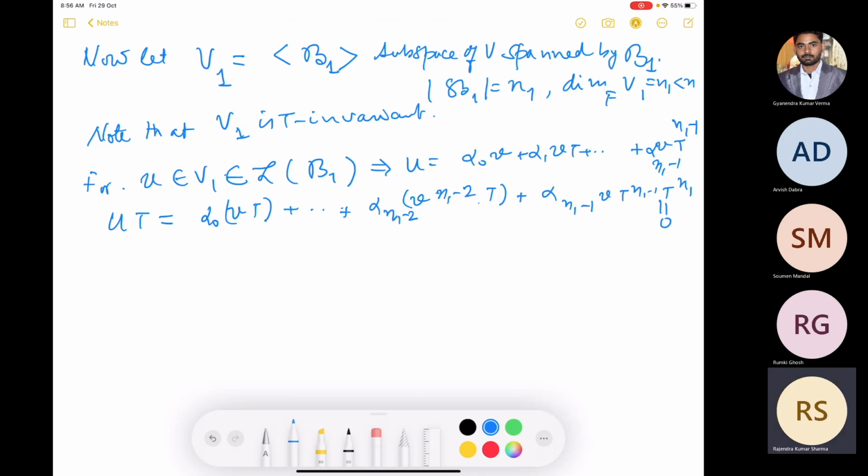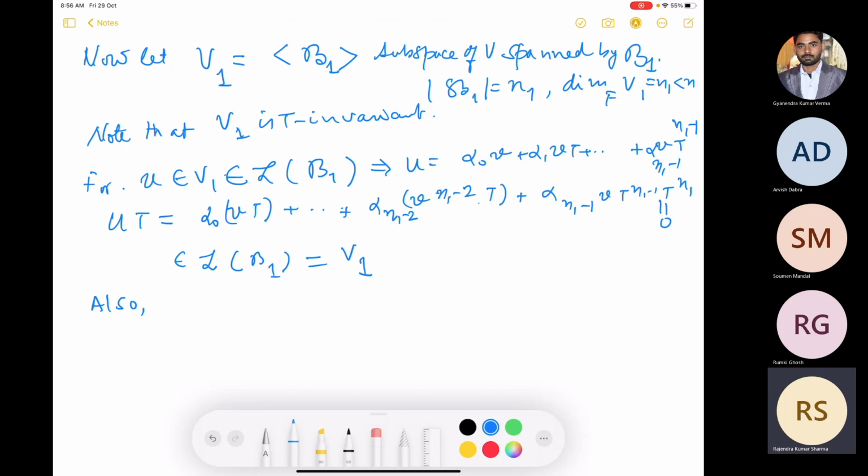So this still remains in the linear span of B1, which is actually V1. So V1 is T invariant.